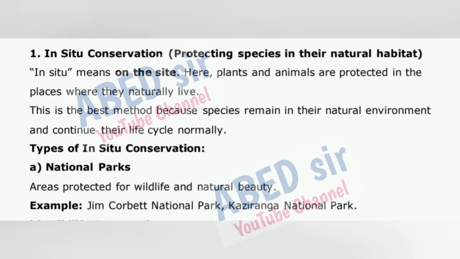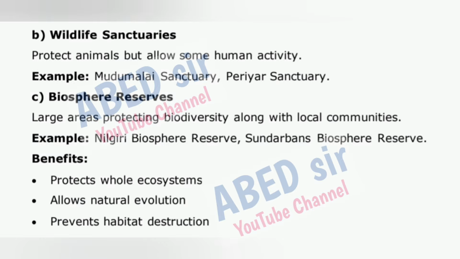Types of in situ conservation. A. National parks. Areas protected for wildlife and natural beauty. Example: Jim Corbett National Park, Kaziranga National Park. B. Wildlife sanctuaries. Protect animals but allow some human activity. Example, Mudumalai Sanctuary, Periyar Sanctuary. C. Biosphere reserves.